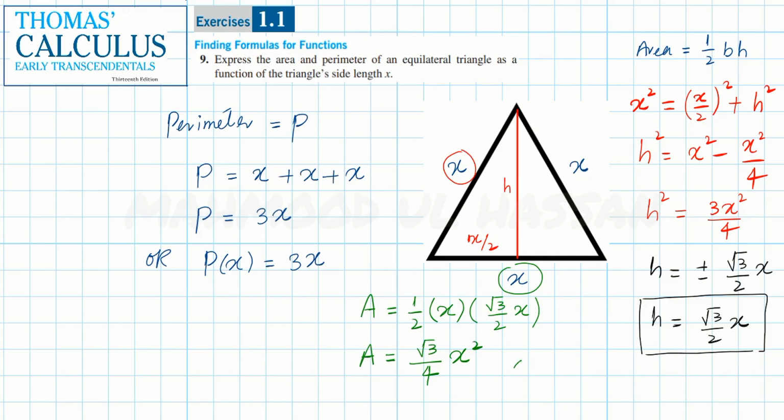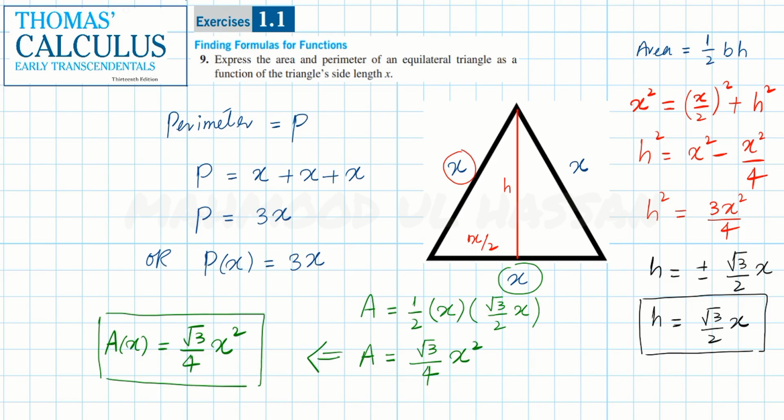Or in function representation, A of x is equal to square root of 3 upon 4 times x squared. So this is basically the area, and that is basically a function of x.